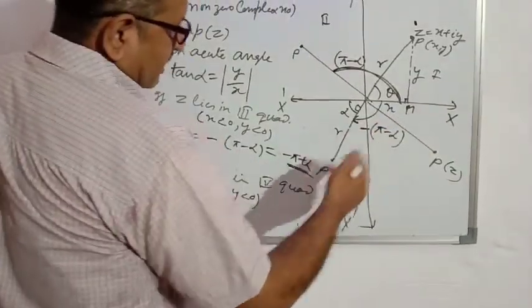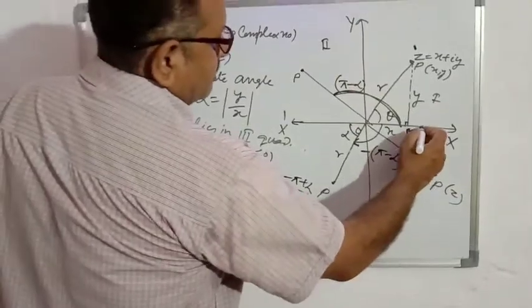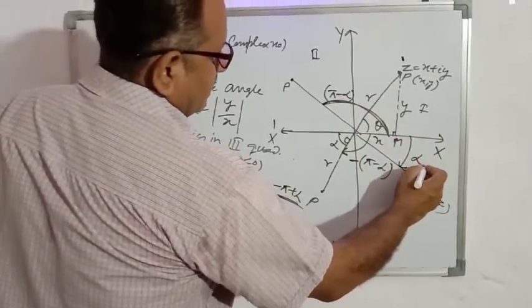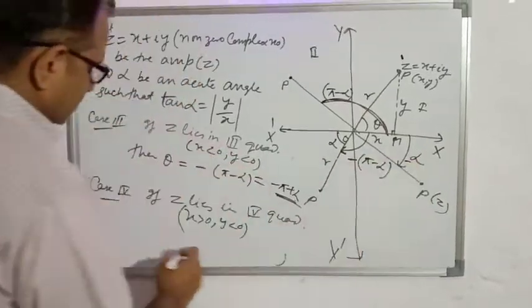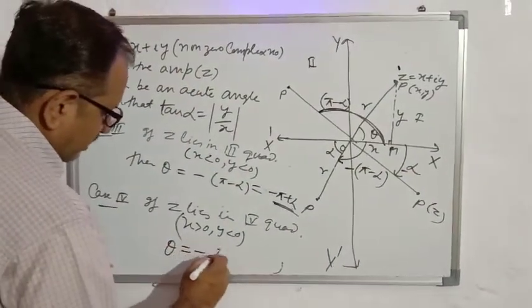X is positive but y is negative. Suppose this angle is alpha, but it is in the clockwise direction, so we have to take minus. So theta will be minus alpha.